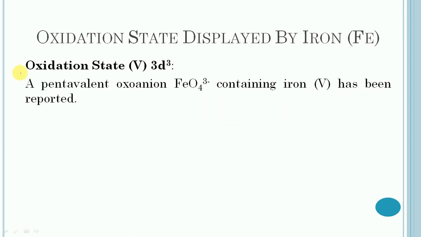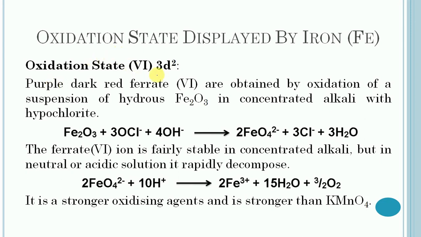Next is the oxidation state 5 and it is a 3d3 system. In this case, a pentavalent oxo anion with this formula containing iron 5 has been reported. Next is the oxidation state 6 and it is a 3d2 system. Purple dark red ferrate 6 is obtained by oxidation of a suspension of hydrous iron 3 oxide in concentrated alkali with hypochlorite.